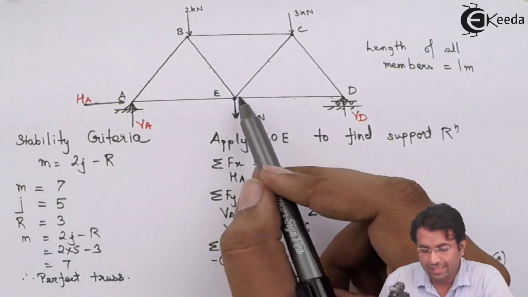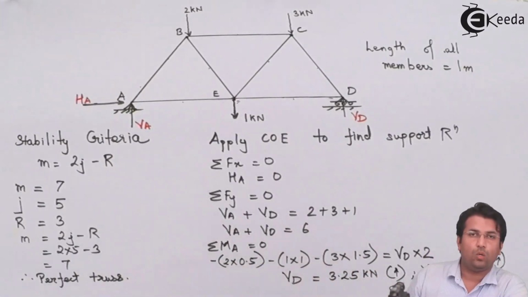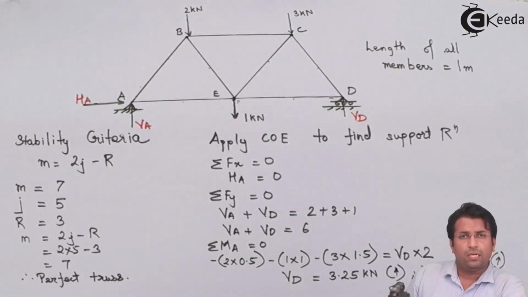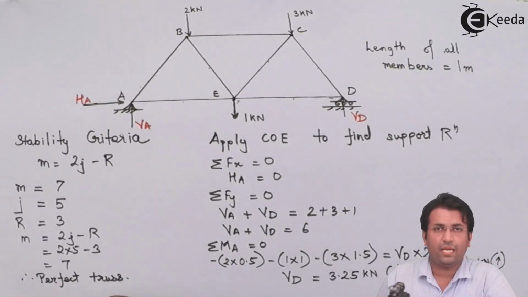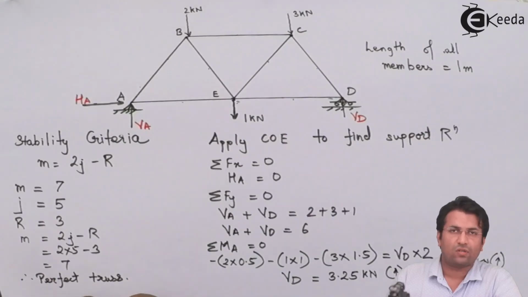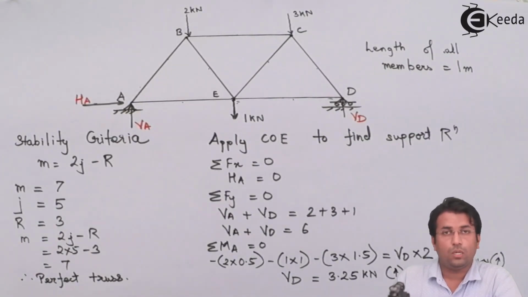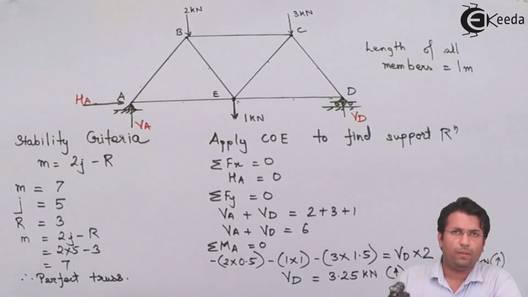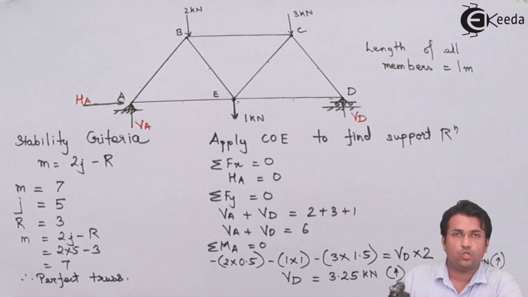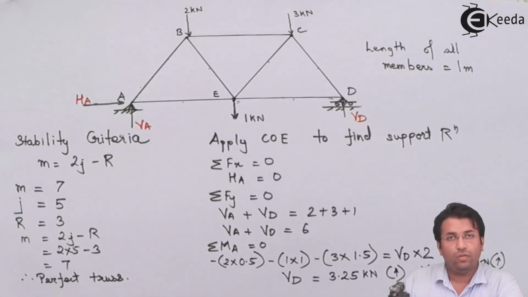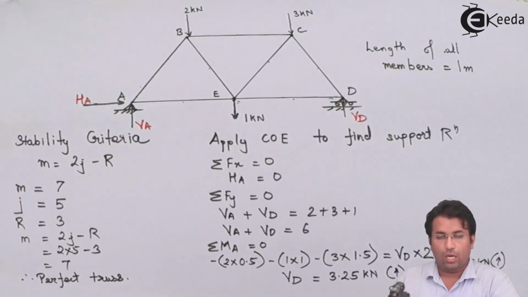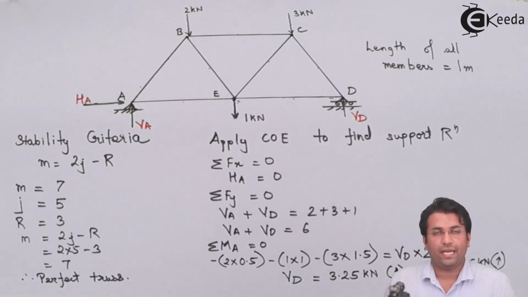So at this one single joint, I have four unknown forces. The number of equations that I can make is 2, for summation Fx and summation Fy. But what about the other two unknowns? I won't be able to solve this type of joint. So I will start with a joint wherein I have only two unknown forces. So now I will start with joint A.